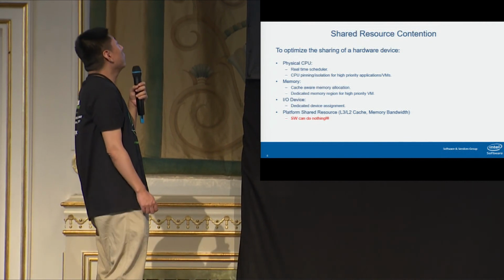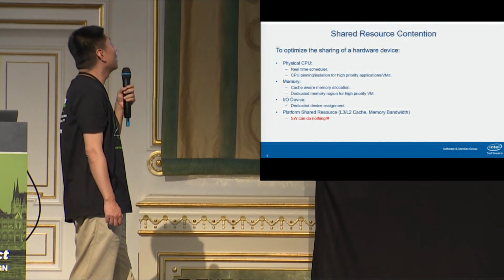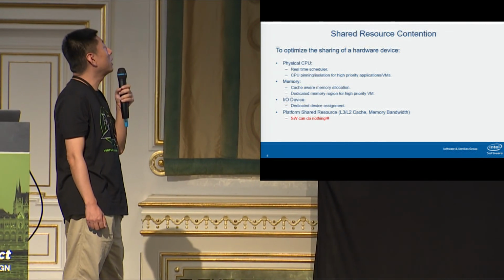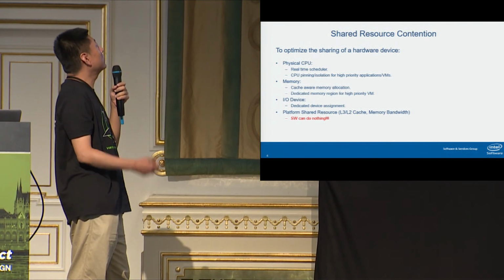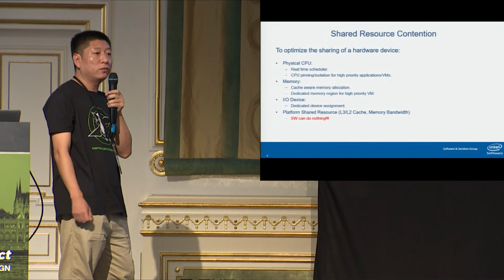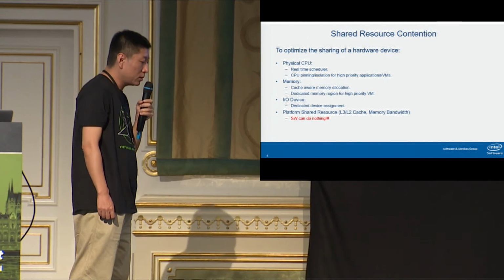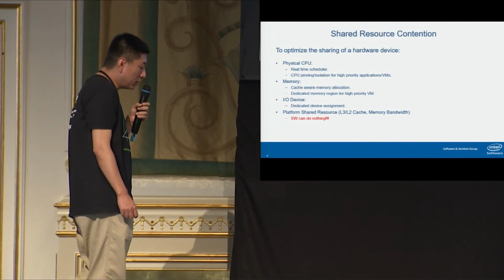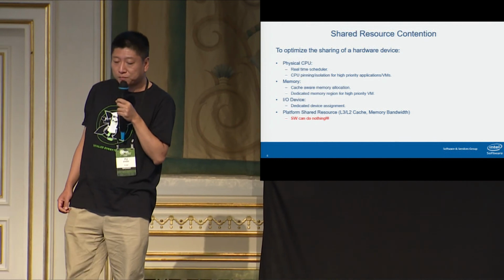For memory, we can achieve such optimization with cache-aware memory allocation algorithms, and we can also use a dedicated memory region for a special requirement. And for I/O devices, we can just dedicate the device to a specific user.